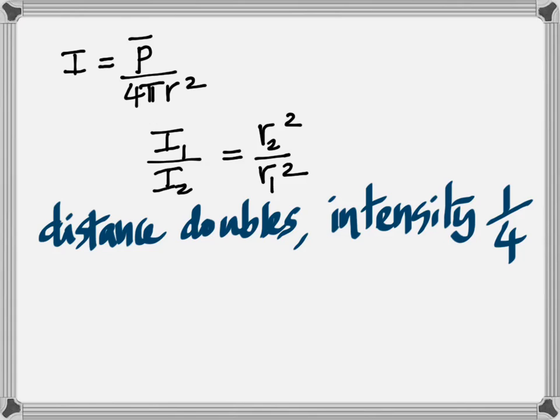But now if there's another person seated at double the distance from the loudspeaker, so there are two people, the second one at double the distance, what does this formula tell you about the intensity that the second person will get? It tells you very clearly that when the distance doubles, the intensity falls to 1/4.